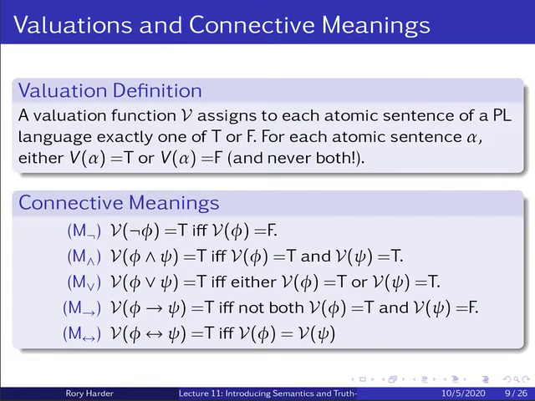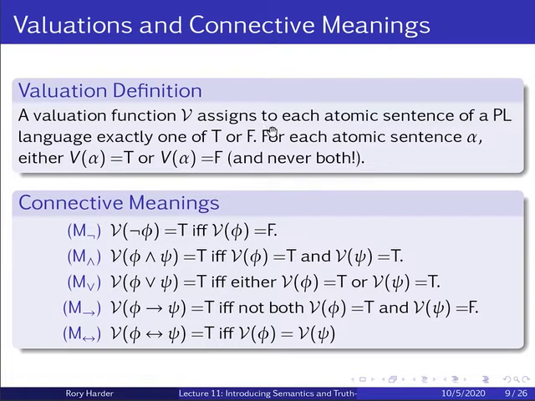So here is very formally what we mean by evaluation. An evaluation function is a function v which assigns to each atomic sentence letter of the propositional language exactly one of T or F. So the evaluation function is something which assigns to each atomic sentence either truth or falsity.